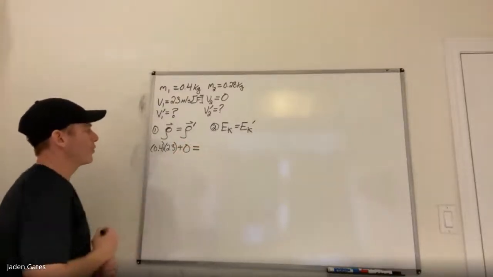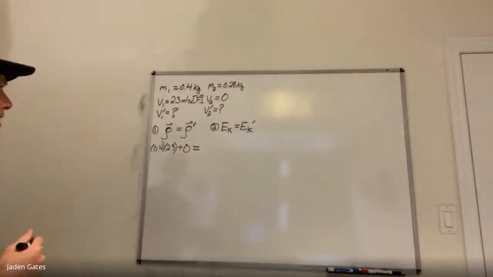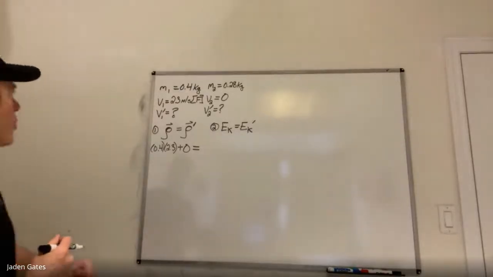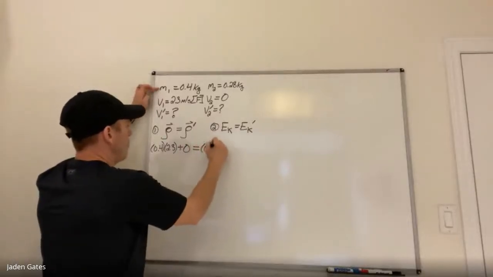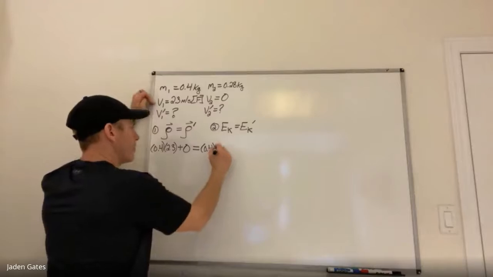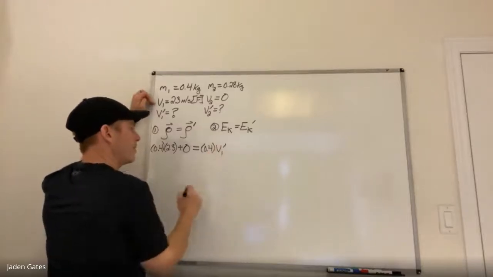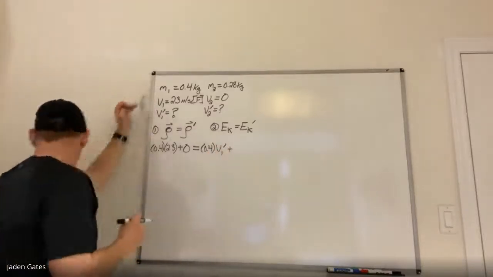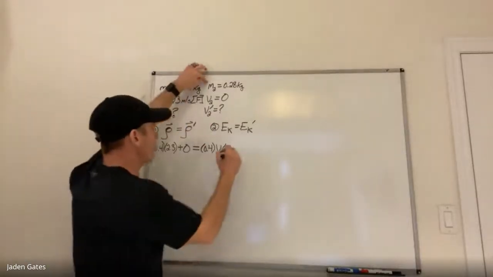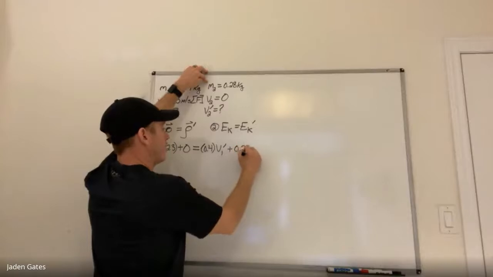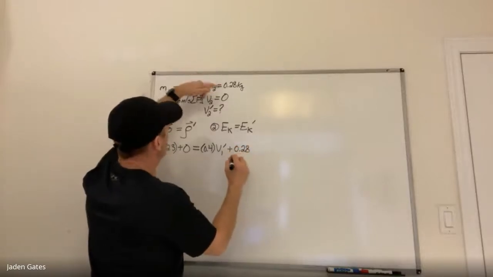Now that is equal to the momentum afterwards. So we're going to have M1 again, which is 0.4 times V1 prime, plus the momentum of the second object, which is 0.28 times, what do we have here?